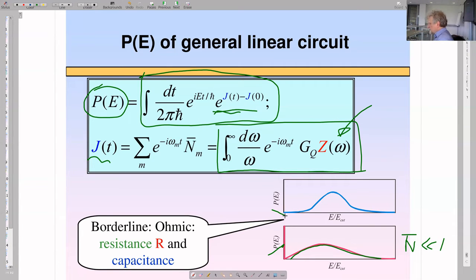It is suppressed to zero, and P of E peaks at some energy, perhaps corresponding to the energy of Coulomb blockade. That's the case of big N, as we have seen. In distinction from the single oscillator mode, these functions are continuous, but qualitatively they are the same.